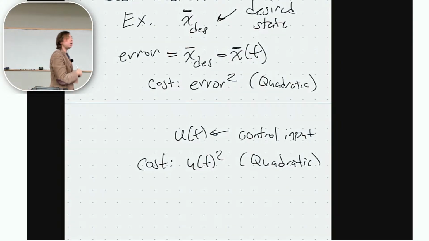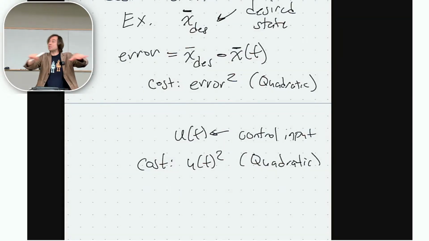Cost, U of t squared. Now that's a function that we're squaring. But the cost function has got to be a single number, right? Was it good or was it bad? This can't be this time-varying number. No, no, no, no. So instead, let's look at the area under the curve of that number.